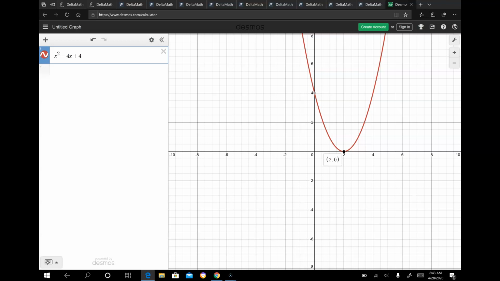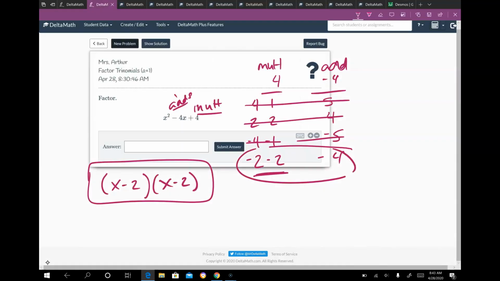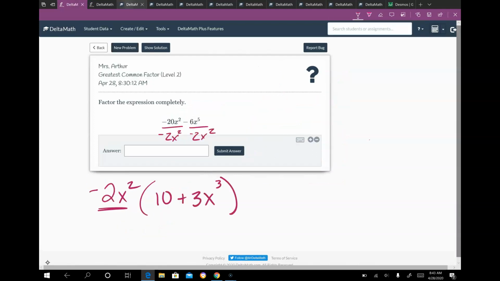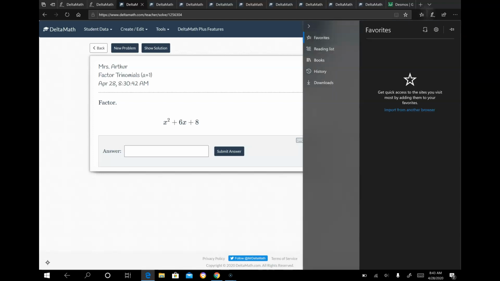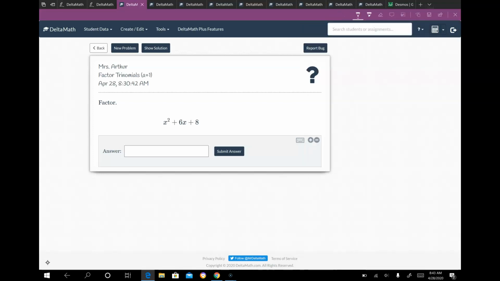So it's going to be x minus 2 twice, which is exactly what we have, x minus 2 twice. Okay, we can write it x minus 2 squared. Okay, so you can factor using Desmos. All right. So this one, same thing. Okay, I'm going to do both ways. All right.